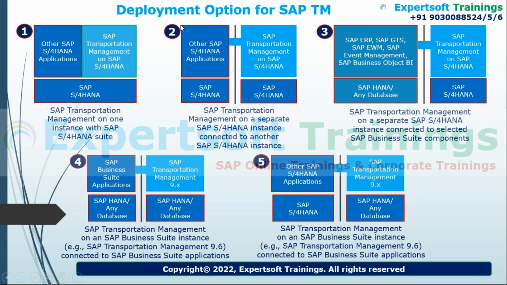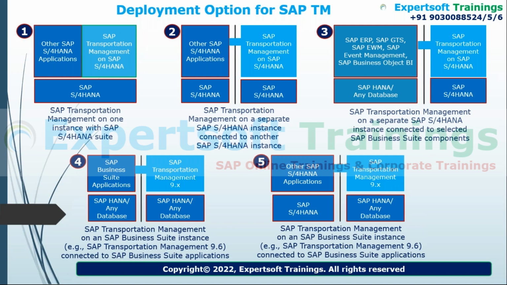In contrast to this, we have the second option where you see a line passing through. A line passing through means you have two different boxes. Your core ECC is in one box, which is in S/4HANA, and SAP TM is in another box, which is also in S/4. Because the two boxes are different, they have to be separated by a middleware. What is a middleware? Middleware is like a gateway.